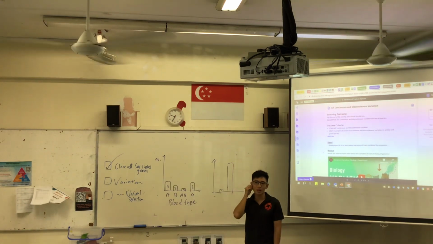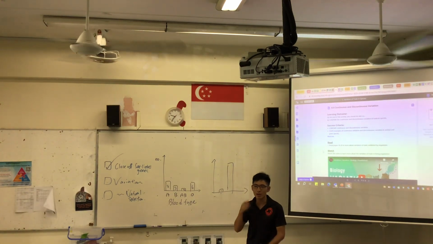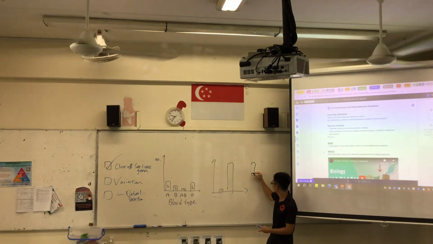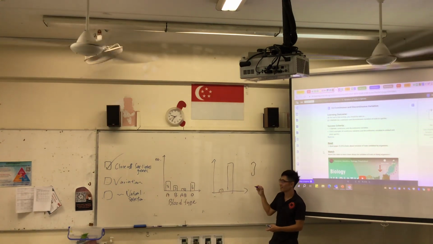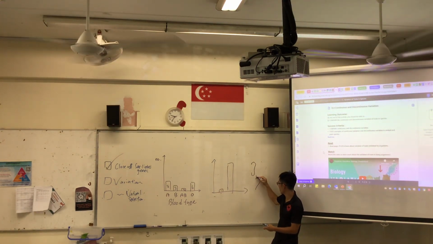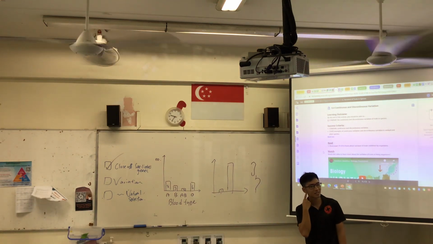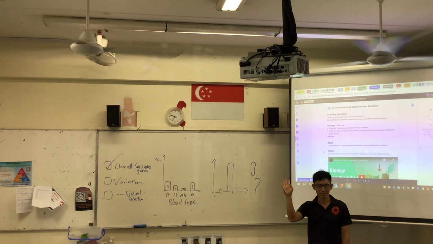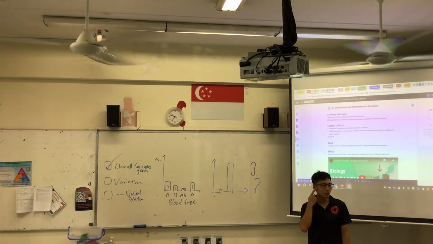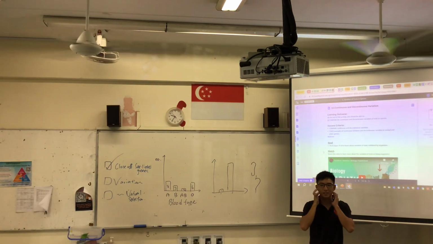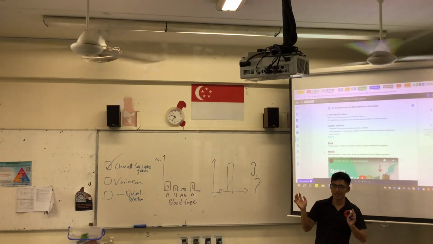Others, you look at your earlobes. How many of you have an extra flap, your ear and this flap coming out? Then some of you just have it connected to the head. Who are the flappy ones? Okay. Who doesn't have a flap? Your ear just connects to your head.